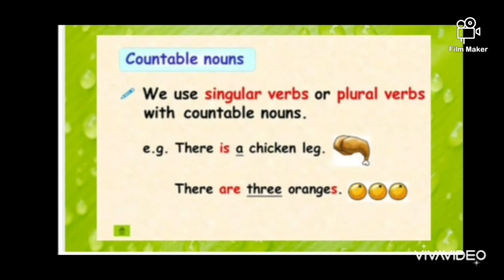See, for example, there is a chicken leg. There are 3 oranges. So, before a chicken leg, we use is, that is a singular verb. And before 3 oranges, we use are, that is a plural verb.